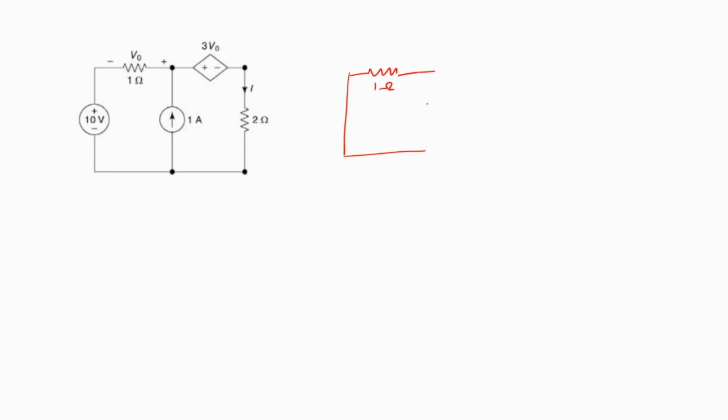So there's going to be no element in this branch, followed by the dependent source connected in this manner. Let's keep the V naught as it is, followed by the terminals A, B, across which we need to find the Thevenin's resistance. So here we are actually retaining the dependent voltage source.